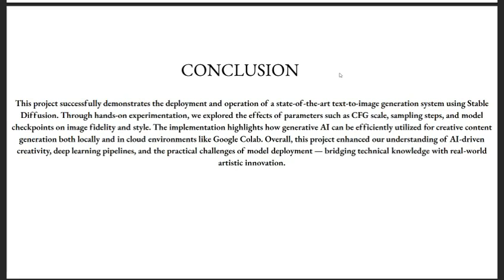The implementation highlights how generative AI can be efficiently utilized for creative content generation both locally and in cloud environments like Google Colab. Overall, this project enhanced our understanding of AI-driven creativity, deep learning pipelines, and the practical challenges of model deployment, bridging technical knowledge with real-world artistic innovation.